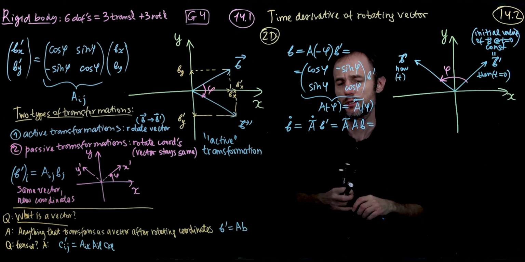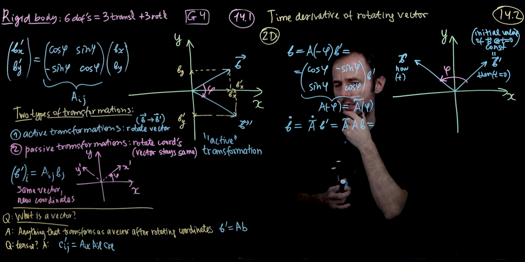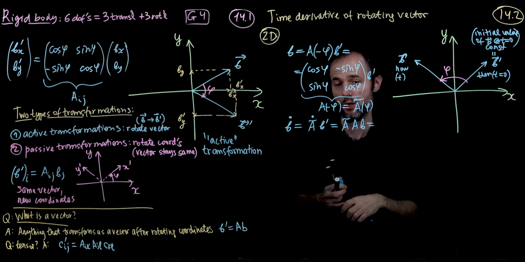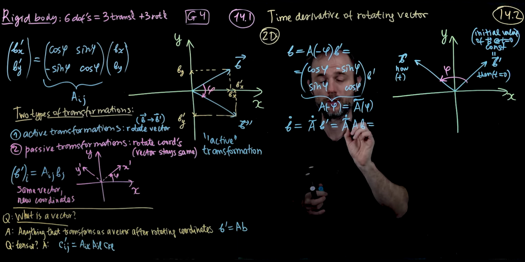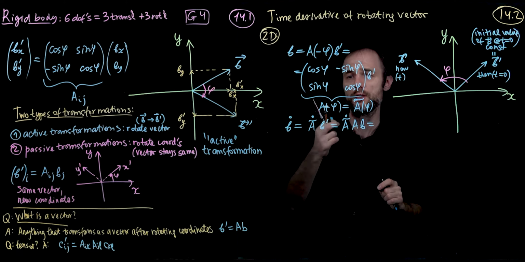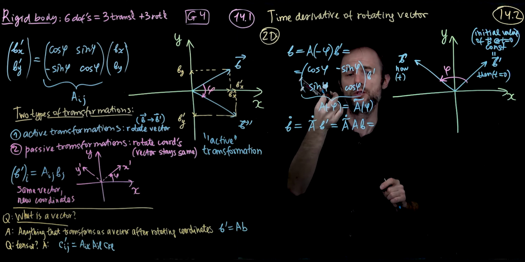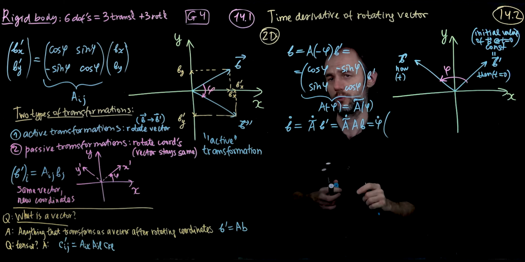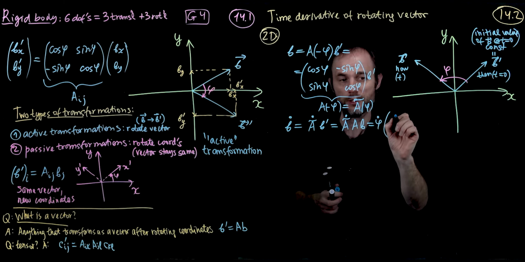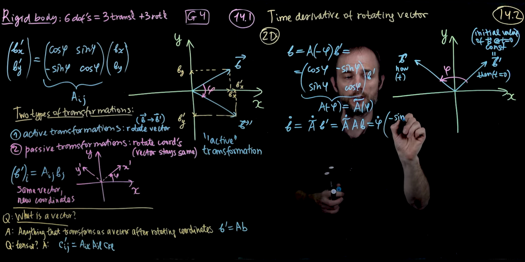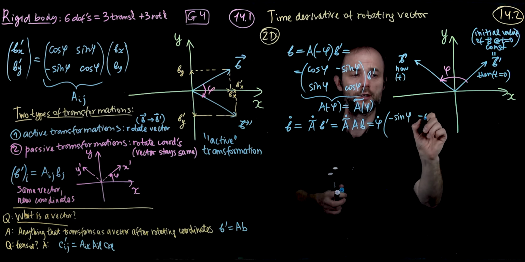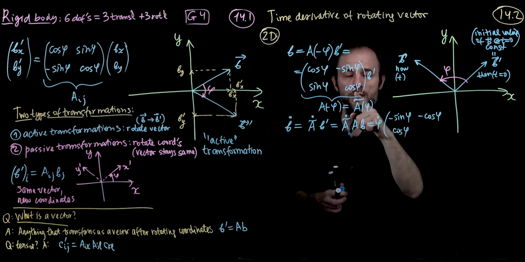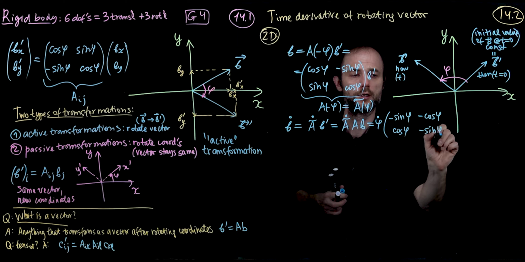What is going to be A tilde dot? Well, A tilde dot is going to be this matrix with A dot times phi dot. So what is this matrix with A dot? Well, it's going to be minus sine, minus cosine, cosine, and minus sine.